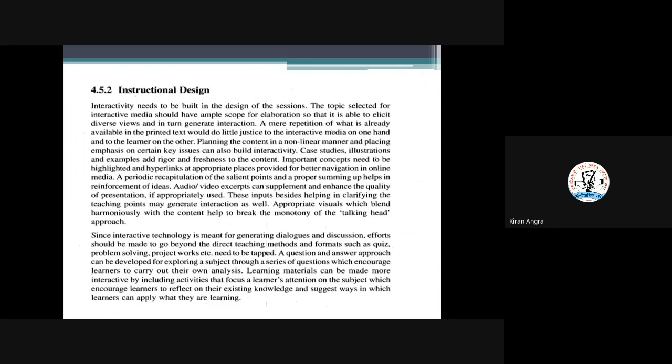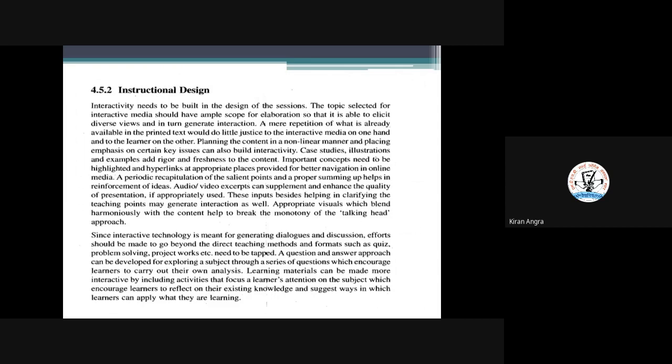You are simply talking to it. There is no illustration because your topic is such that I need not go for illustrations. So while doing this, instructional design has to be taken care of, and there should be a format such as quiz, problem solving, and some project work, so that the instructional design can be interesting.